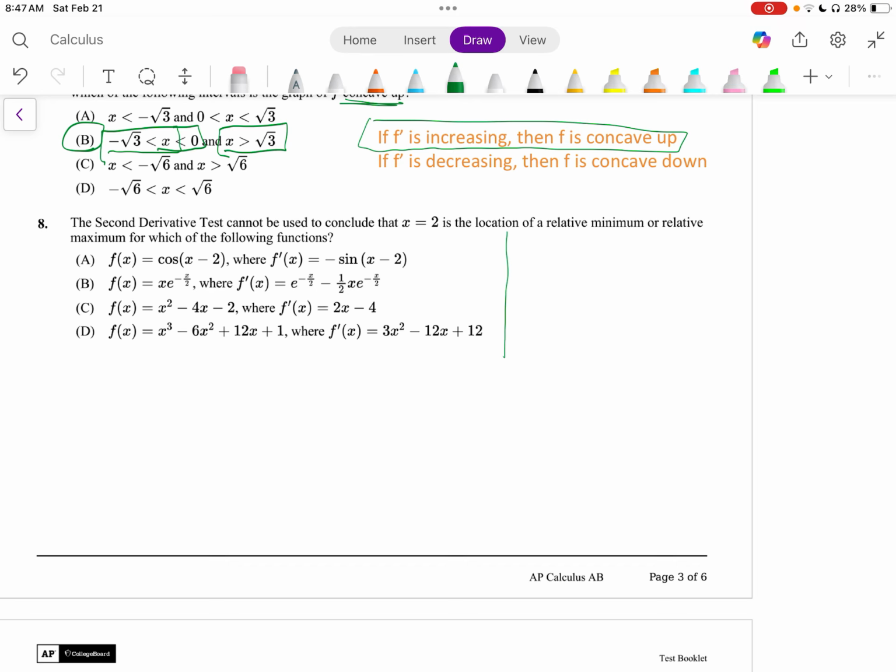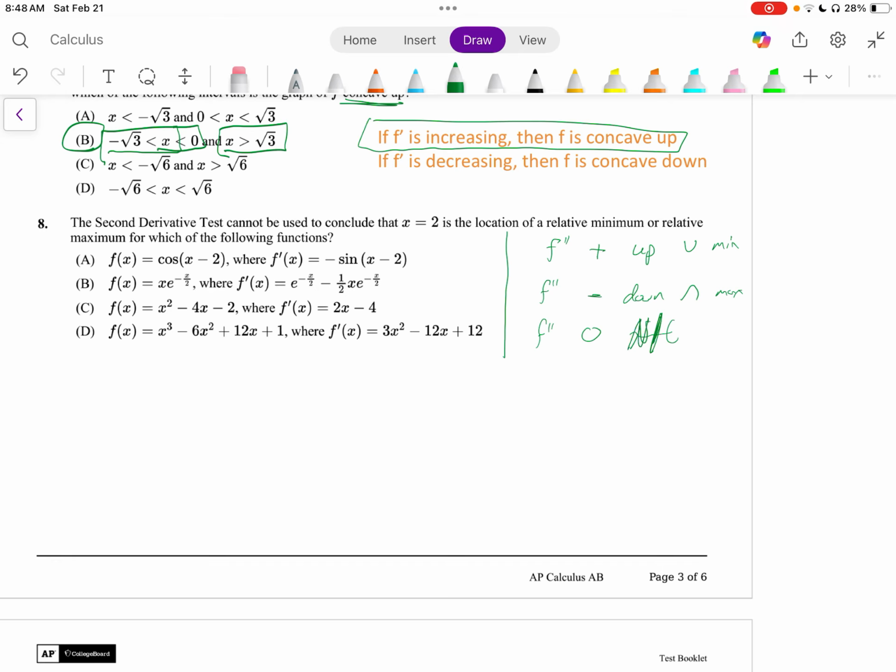If the second derivative is positive, it's concave up. Concave up means there's a minimum. If the second derivative is negative, it's concave down, which means there's a maximum. And if the second derivative is 0, you can't use the second derivative test. So no conclusion from the second derivative test.